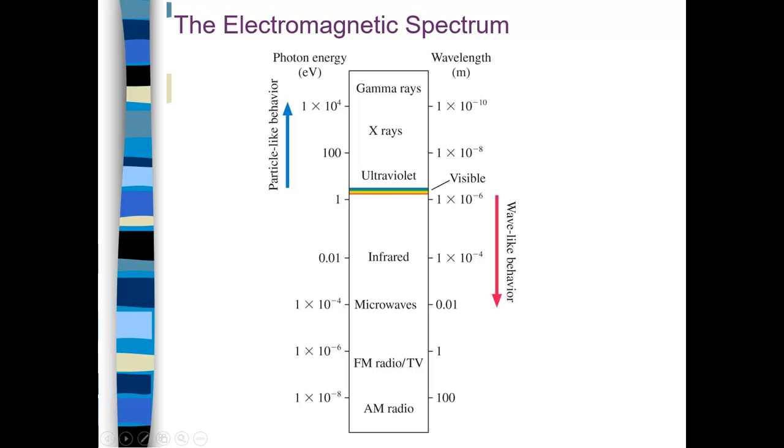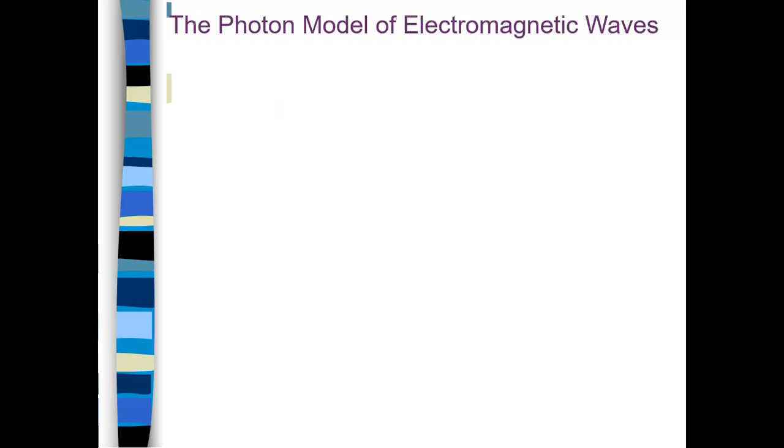The more you get to larger wavelengths, the more the light behaves like a wave. The more you get to smaller wavelengths, the more the light behaves like a particle. Okay, so there's two different models: a wave model of electromagnetic radiation, and also the photon model of electromagnetic waves.